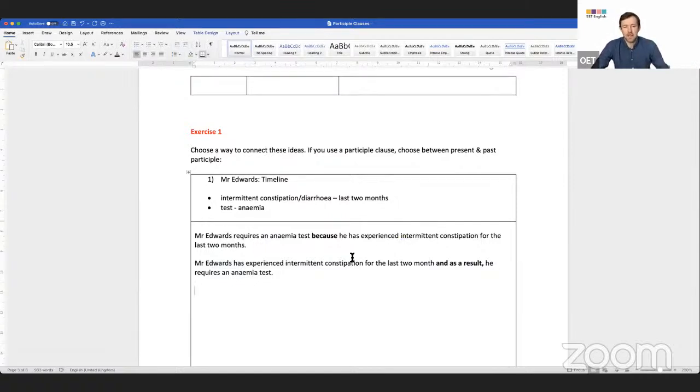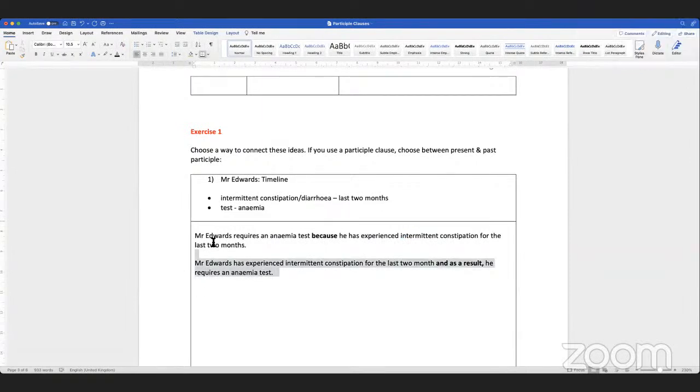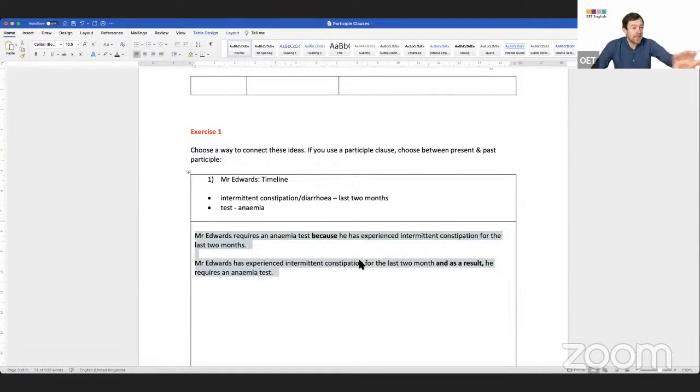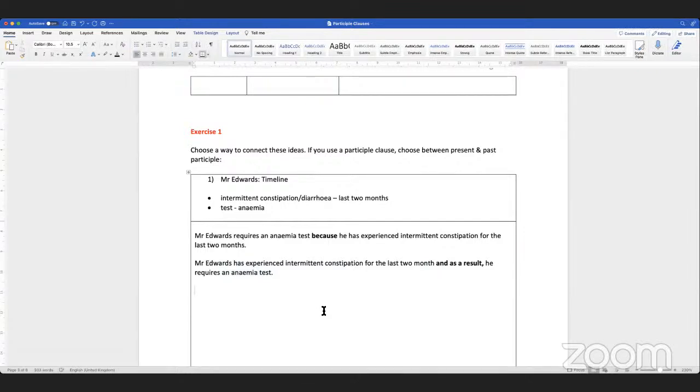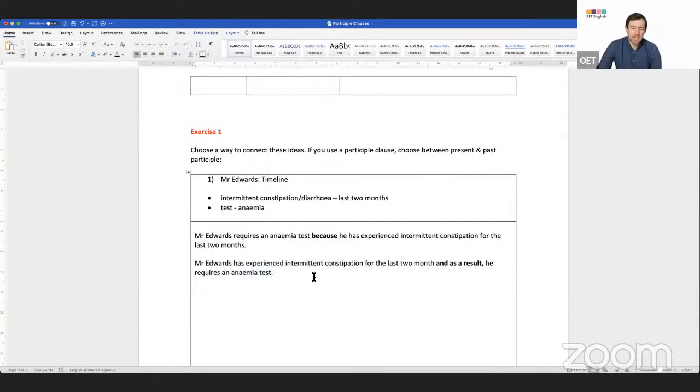Mr. Edwards requires an anemia test. We've all decided we don't like that. We all think that this is quite good. We like these 2. That makes sense. It's really clear. But if I wanted to, I could just sequence those, couldn't I? So, Ezgi, which came first, the constipation or the anemia test?